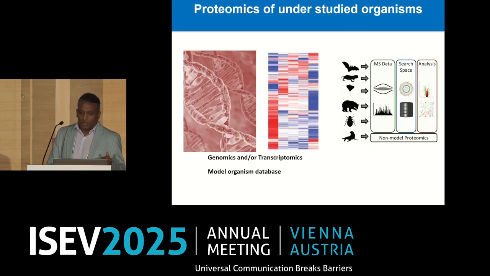You can try to complement that with proteogenomics or even transcriptomics. If you have transcriptomic data, translate that into a proteomic database and then search it. If you have genomic data, you can predict the ORFs, or open reading frames, from your genome, create an MS database, and search that as well.